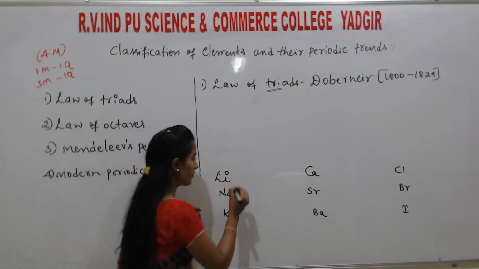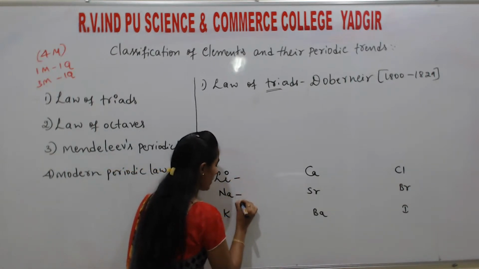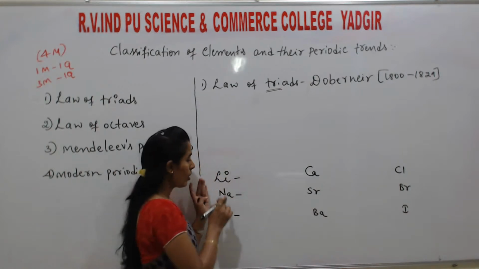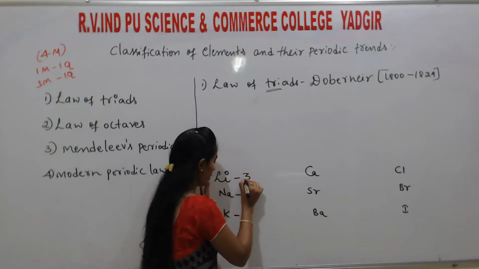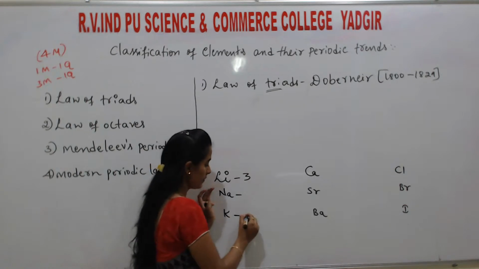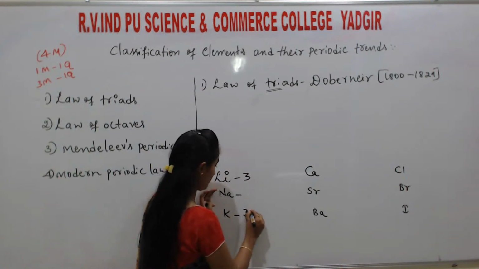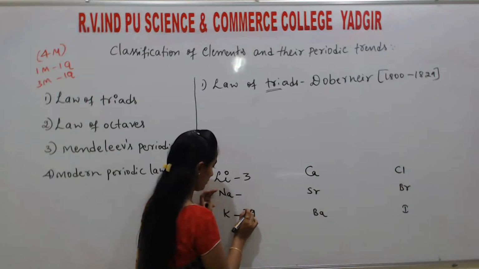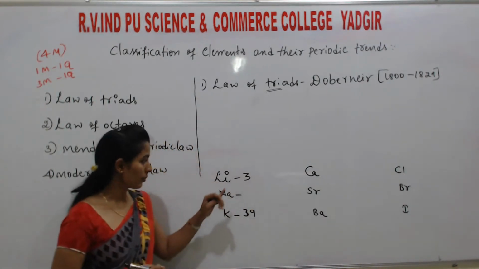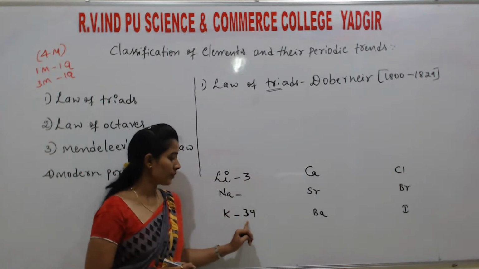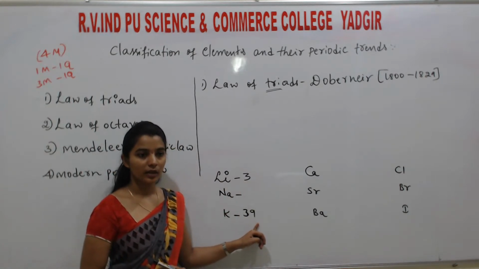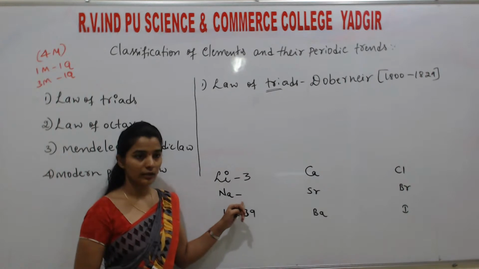So students, first consider the atomic masses of these. The atomic mass of lithium is 7, atomic mass of potassium is 39. Later I will write sodium.